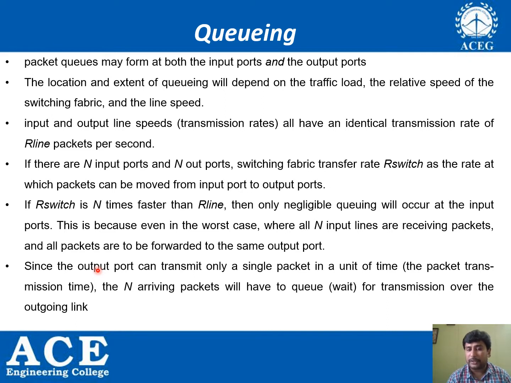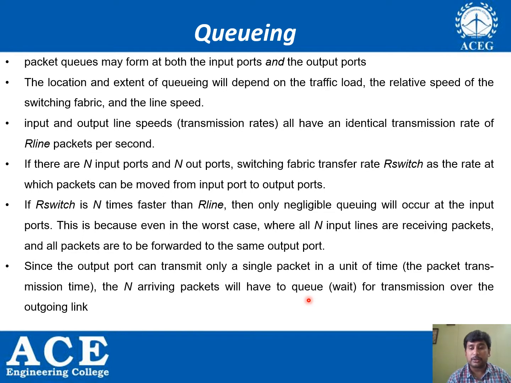So definitely, the output port can transmit only a single packet in a unit time. Just like one input port can transmit one packet, one output port can transmit only one packet at a time. But if all the packets from the switching fabric are targeted to the same output port, then of n packets, one will be transmitted and the remaining n minus 1 will have to wait until this output port becomes free.